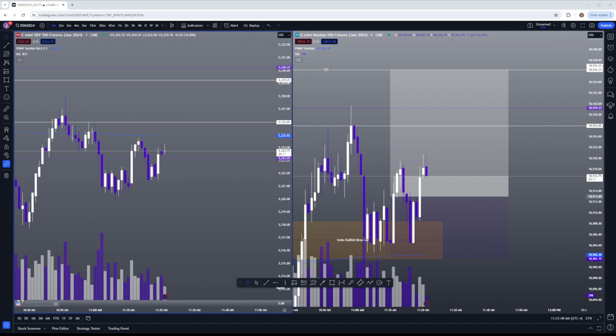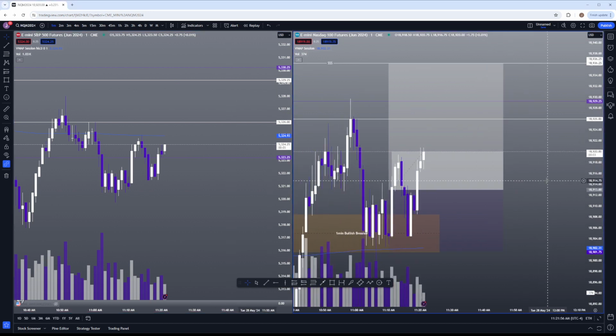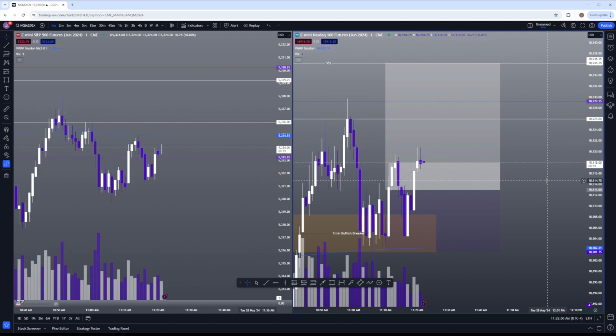The VIX is still heading down. All right, so my confluences are there. And we just gotta see, is NQ actually gonna respect our technical analysis?